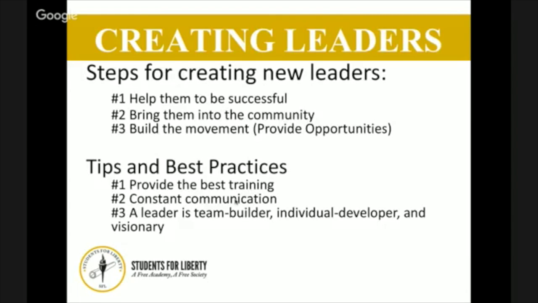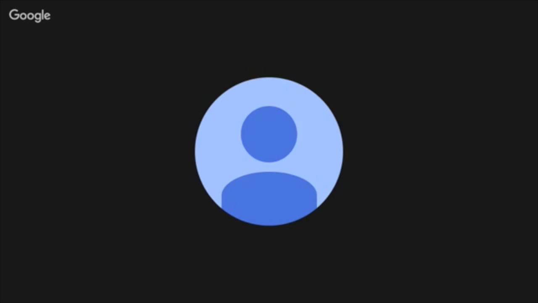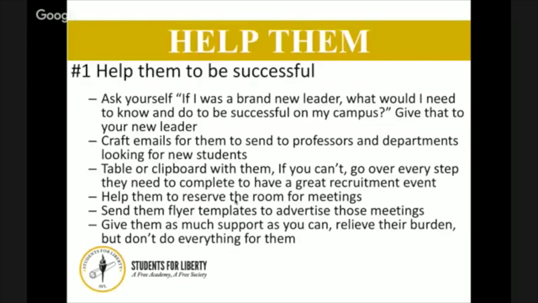So this slide is a little heavy on the text, but that's for a reason, because I want you to be able to go back to this and look at these bullet points and use them. So how can you help them to be successful? First of all, use your critical thinking skills and ask yourself, if I was a brand new leader, what would I need to know to be successful on my campus?